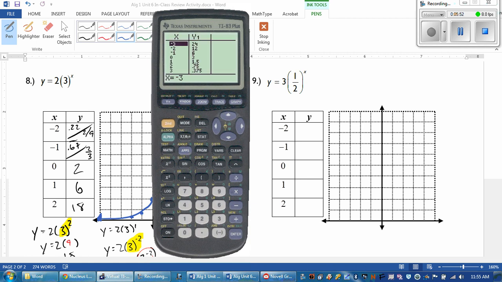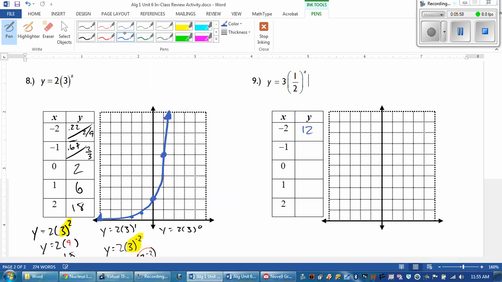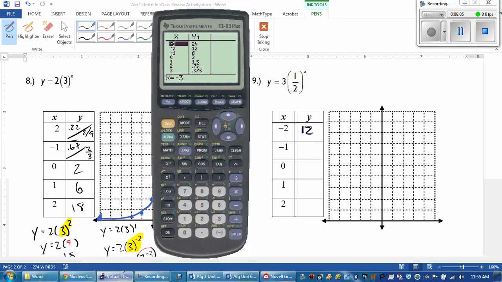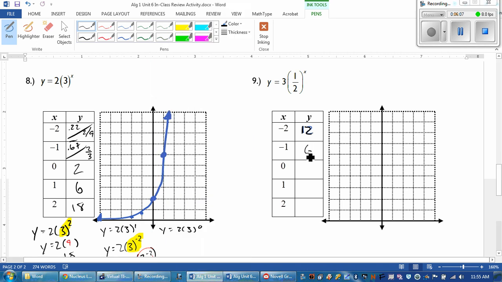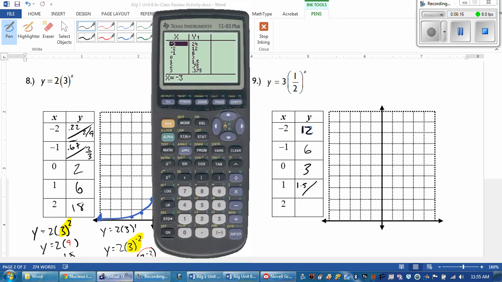Okay, there's our table. So I got 12. Oh, sorry. We get 12. What were the other ones? 6, 3, and then we had 1.5. And then the other one was 0.75.